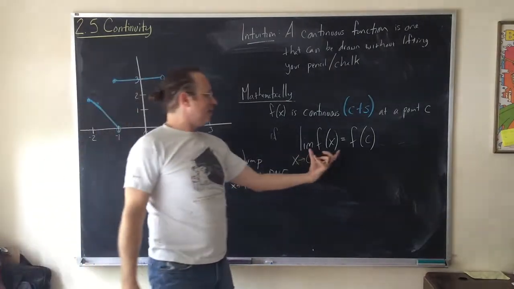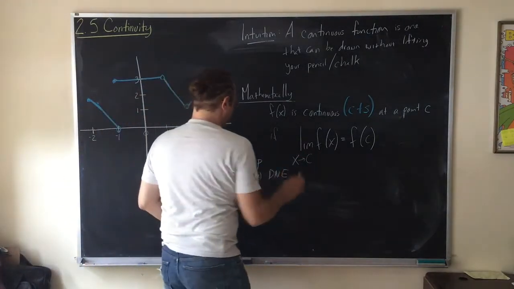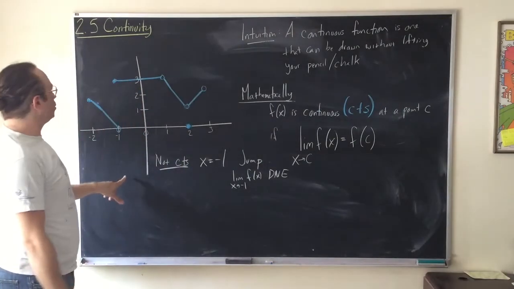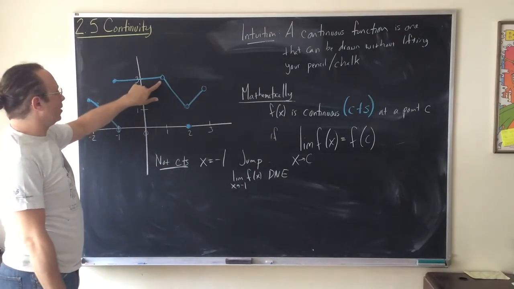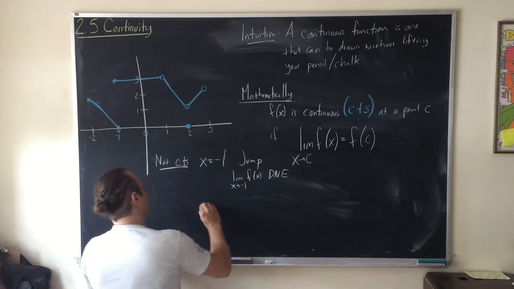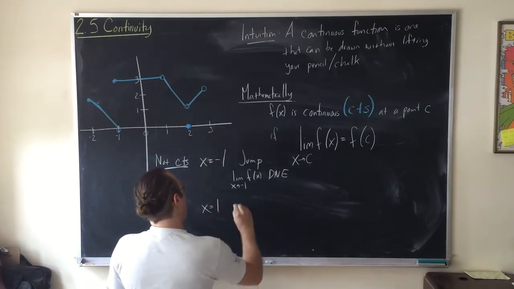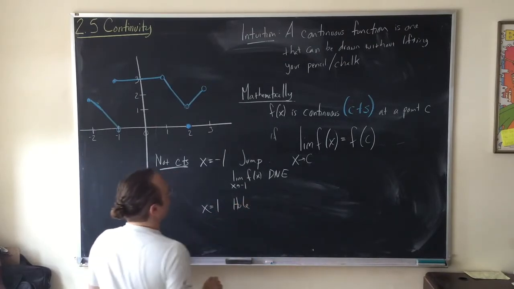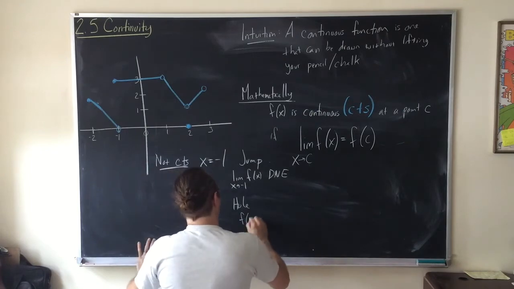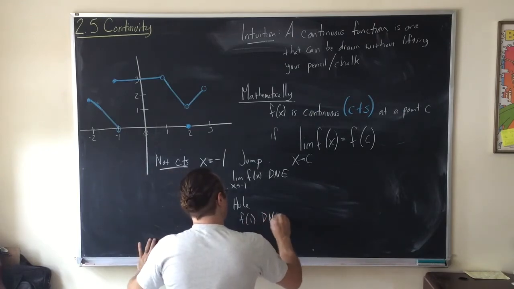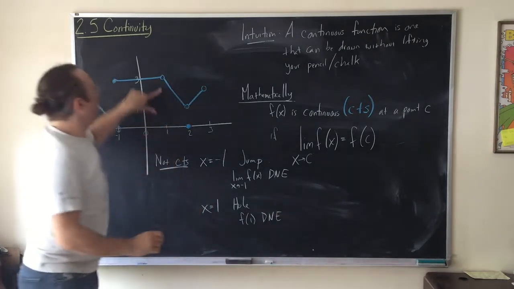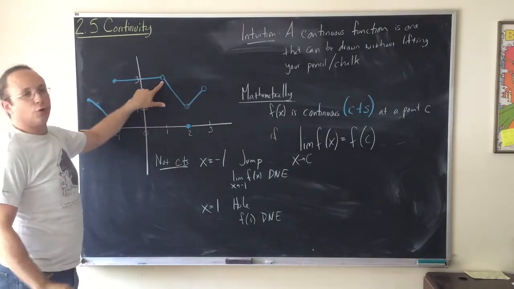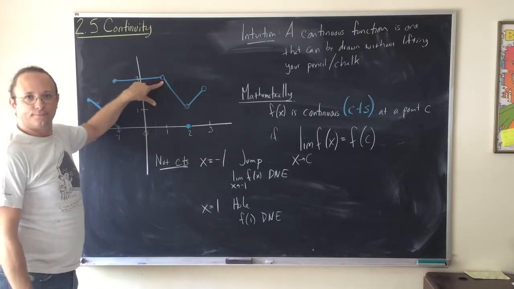Therefore, the left-hand side of this does not make any sense. It's also not continuous at 1, and that's because there's a hole in the graph, and that is simply that f of 1 does not exist. There is no value for this function at 1.